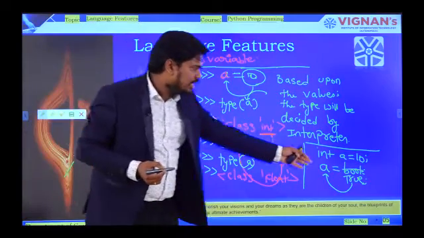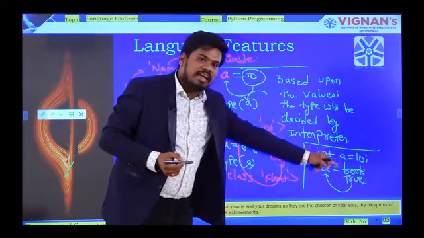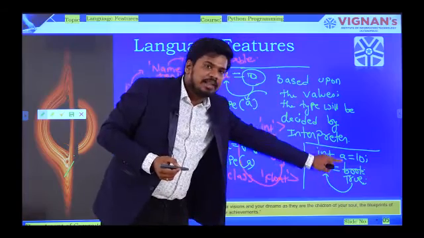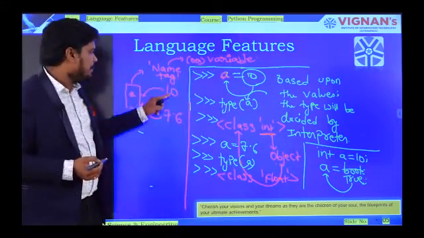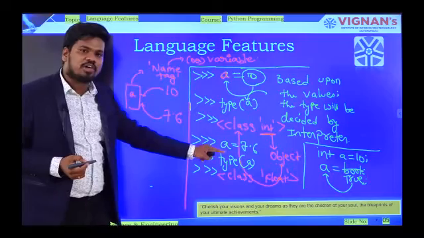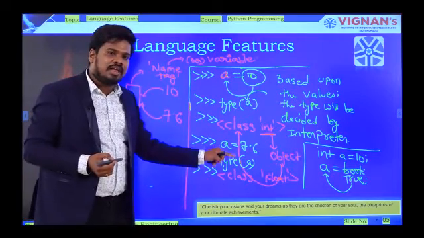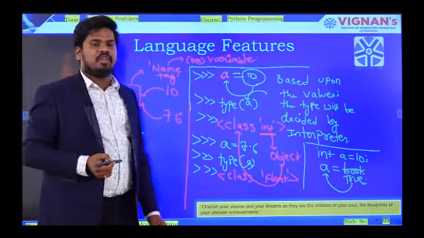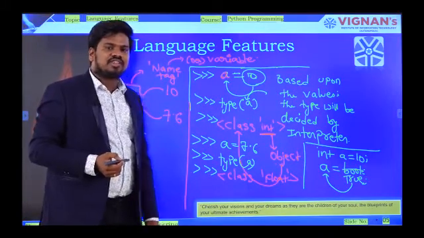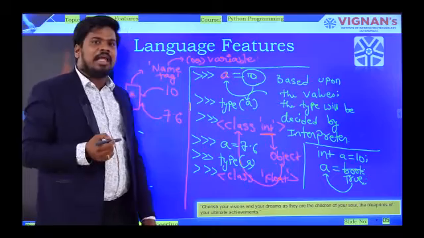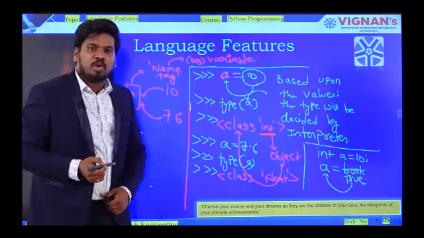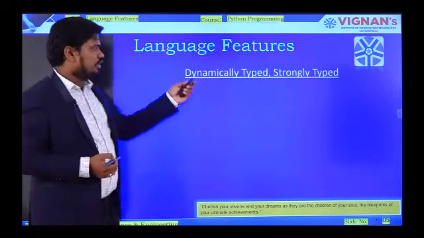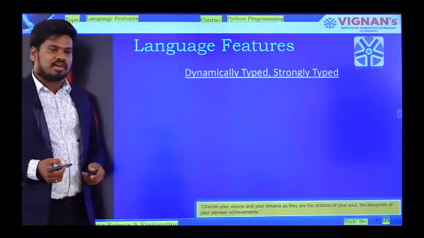Java doesn't allow a different data type in the same variable. But coming to Python programming, my Python program will happily accept different values under the same name tag. So that is why Python is called a dynamically typed and strongly typed programming language.